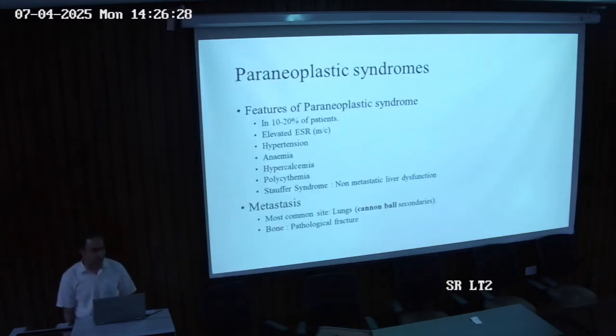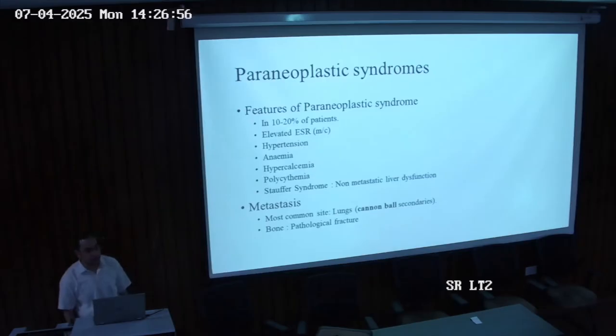Another is Stauffer syndrome. What is Stauffer syndrome? It is non-metastatic liver dysfunction. Suppose the patient has a renal tumor secreting some interleukin that damages the liver. This is non-metastatic, there is no metastasis to the liver, but the patient has raised SGPT, SGOT, and elevated serum bilirubin. So this is non-metastatic liver dysfunction, known as Stauffer syndrome.